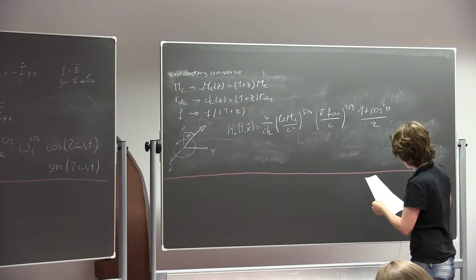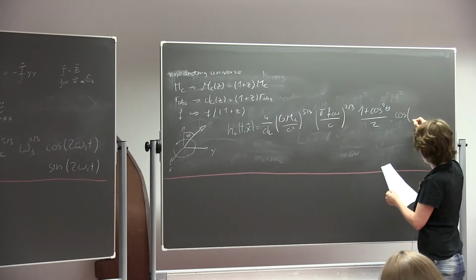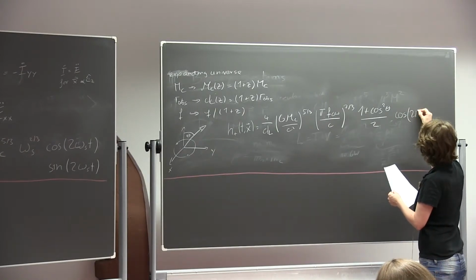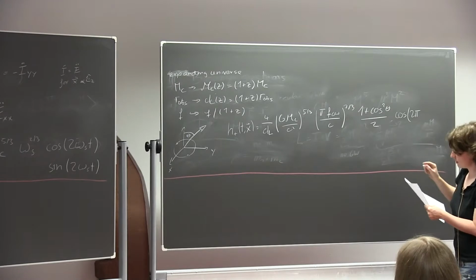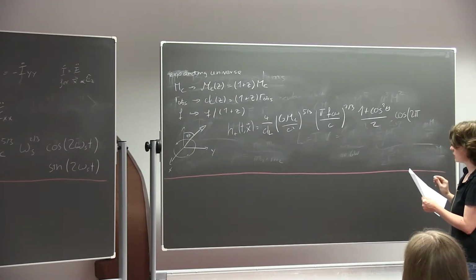This is the projection effect. And here, I just replace omega by 2 pi f, but then it should be 4 pi f.